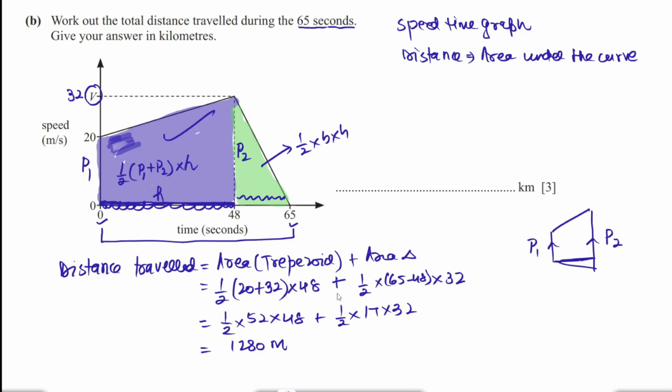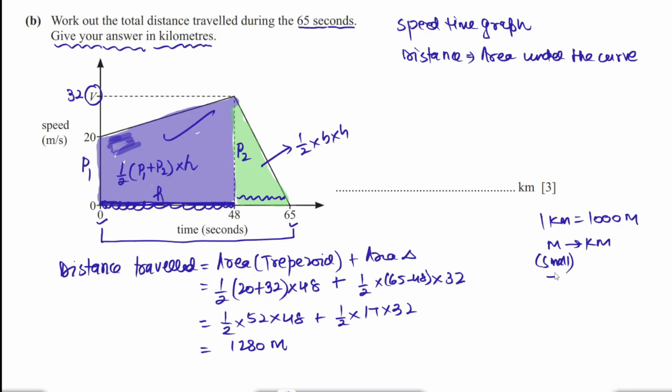1280 meters. Because the speed is meters per second, hence we got the answer in meters. And what the question is saying is, give your answer in kilometers. So we know that 1 kilometer equals 1000 meters. Now what you have in your hand is meters. So meters to kilometers we have to convert, and we have the smaller quantity in hand.